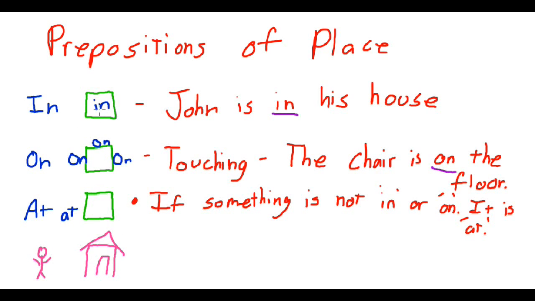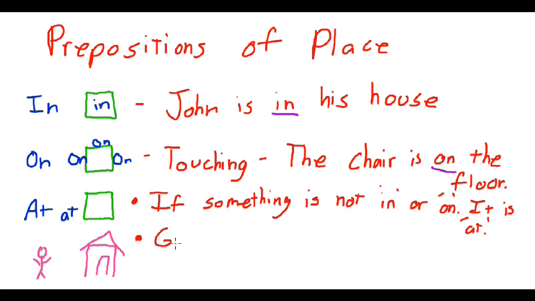Well, no, because he's not inside, correct? The same as on. Is he on the house? No, because he's not touching it, correct? So if he's not in the house, and he's not touching the house, he's at the house, is what we'd say. Alright, do you understand that? Is that alright?